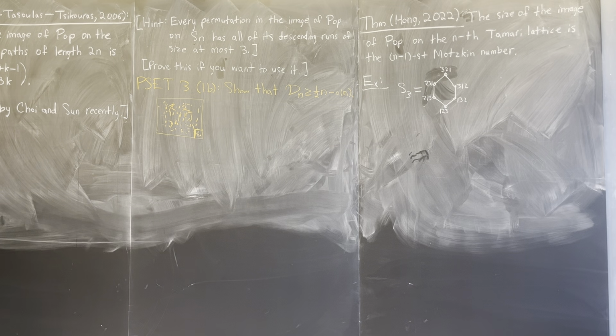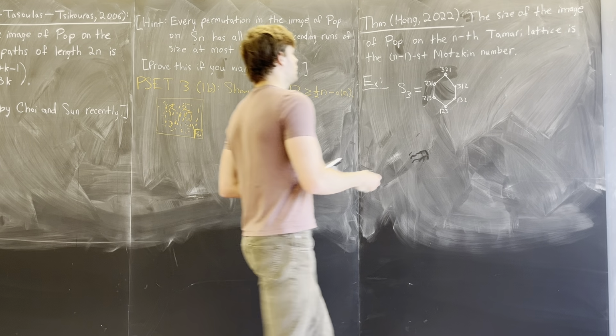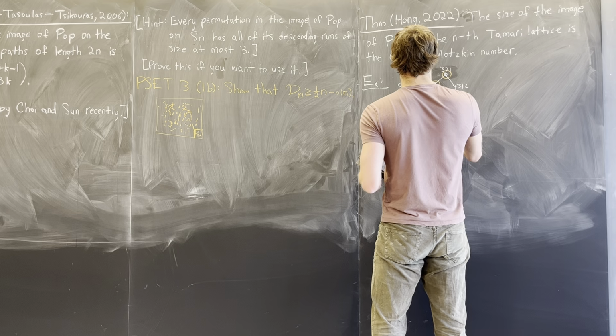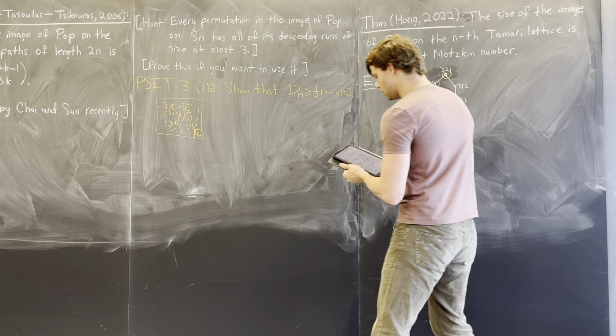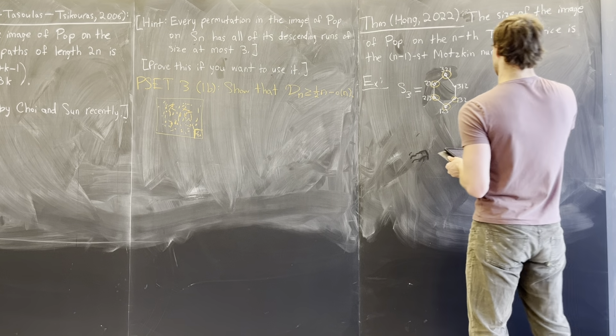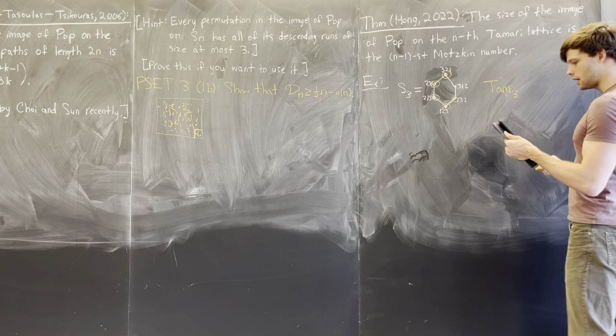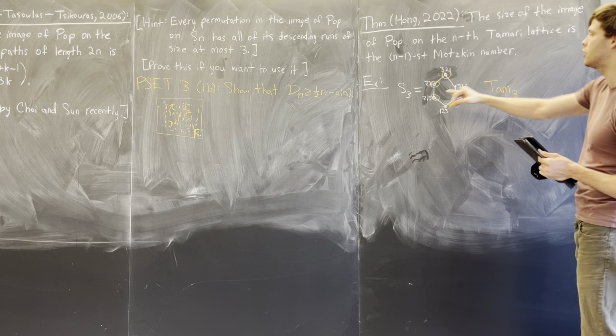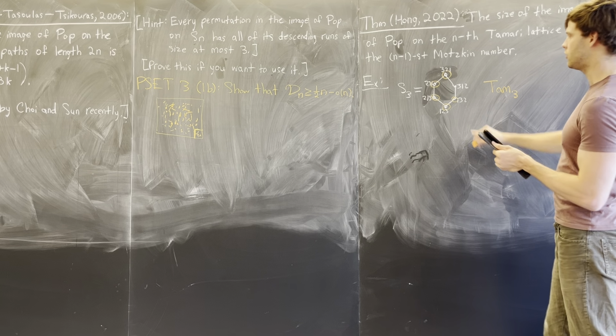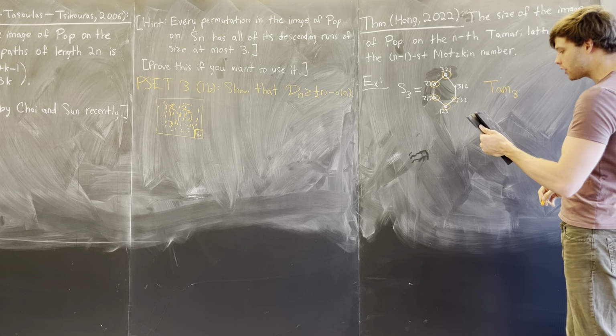If I look at the Tamari lattice, these will be the 3, 1, 2 avoiding permutations, which are these. So I get this picture. Let me call this Tam sub 3, the third Tamari lattice. It's just these 5 elements under the weak order, so it looks like this.